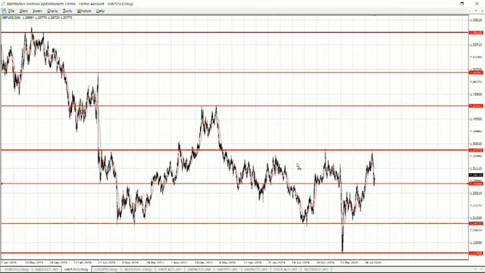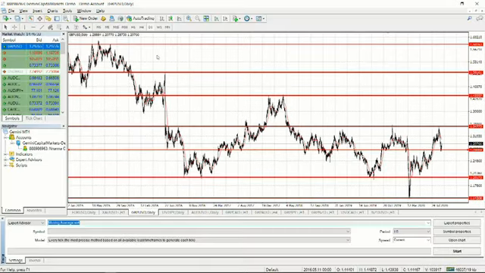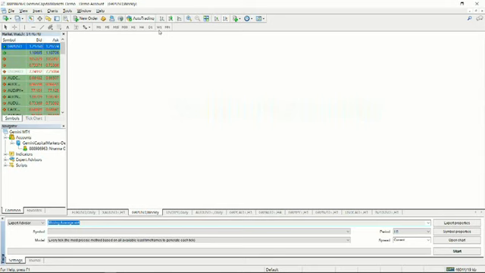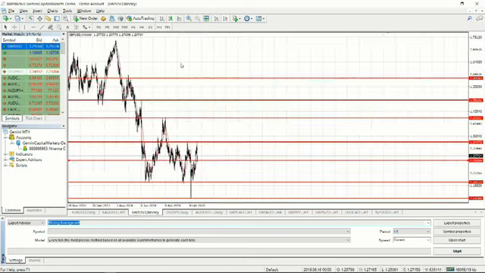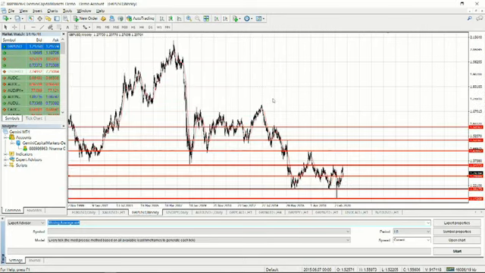If we go back to our Euro USD and see if we can spot what the market is doing currently, the market is actually dancing around the support and resistance. This is a classic case where you want to stay away from the market.